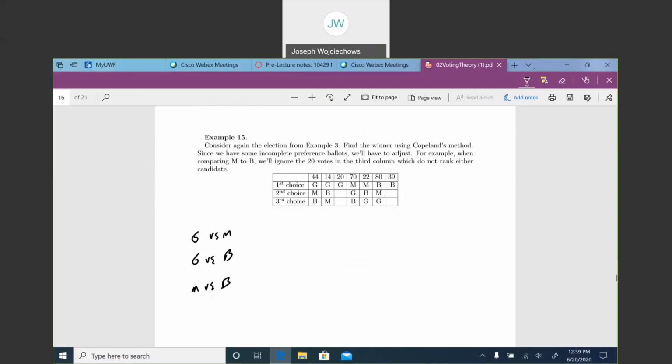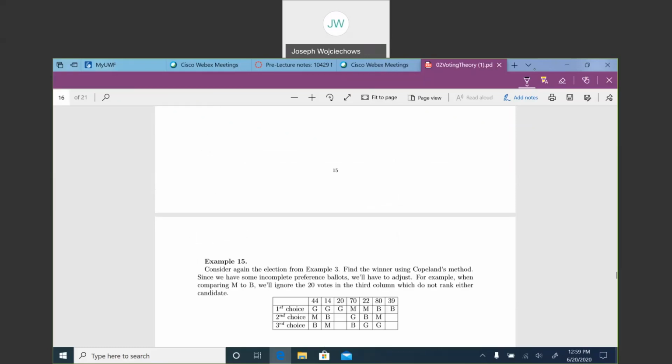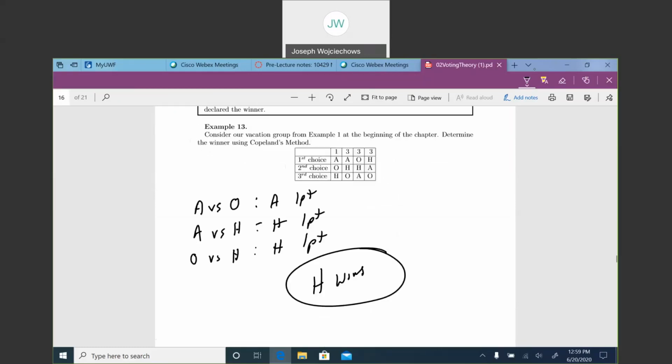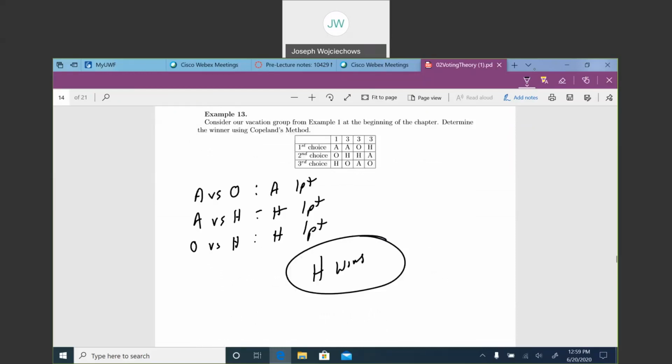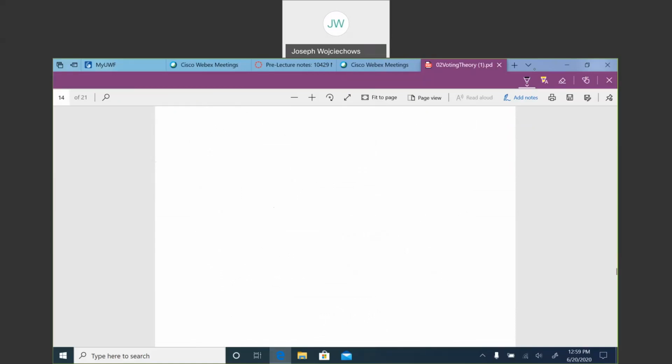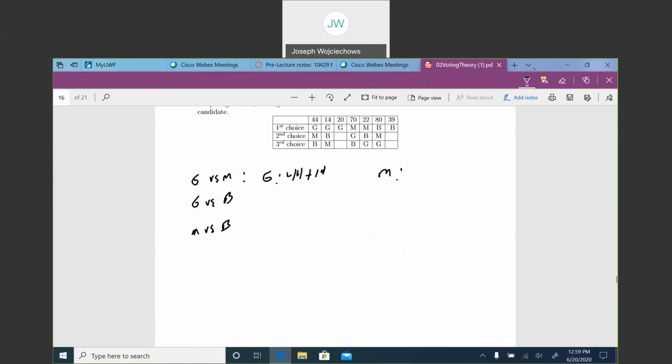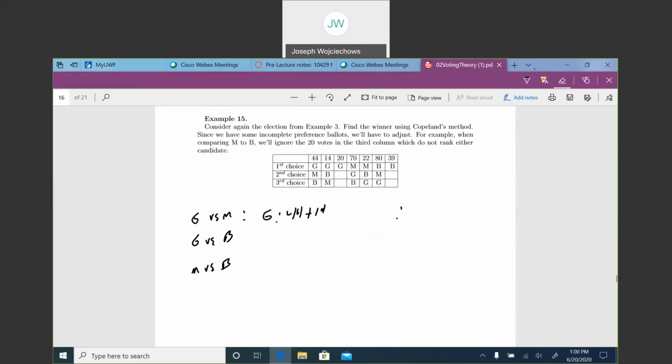So let's see, G and M. Who has the most first place votes? 44, 14, wait a minute. Okay, we're doing more preferred, so it's not just first place. So I'm probably going to need more space.